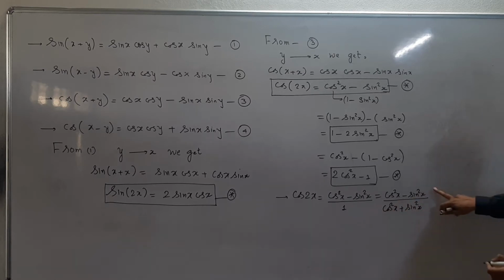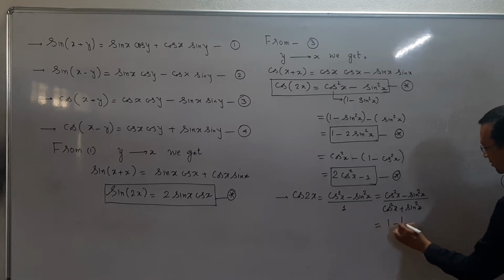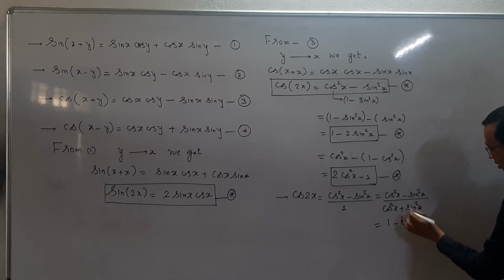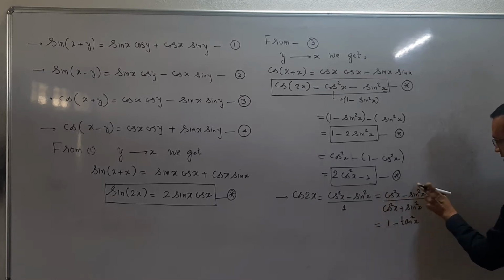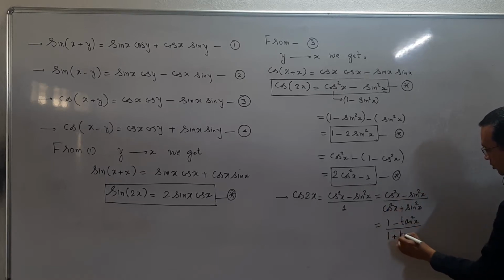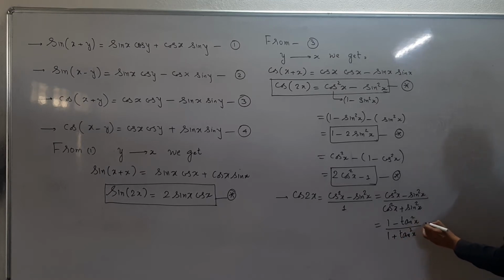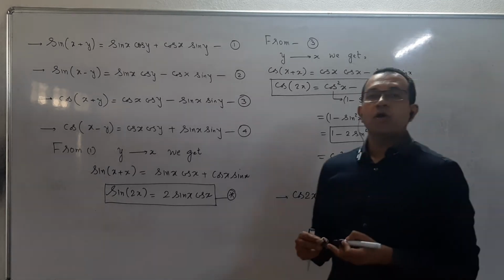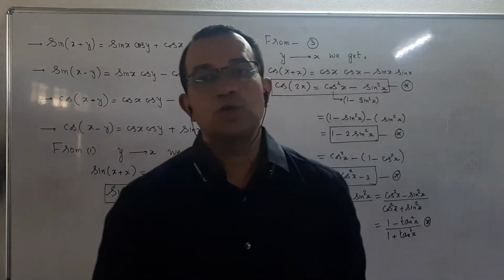And if I divide numerator and denominator by cos square x, then I will get 1 minus sin square x upon cos square x, which is tan square x, upon 1 plus tan square x. So this is the fourth formula of cos 2x.